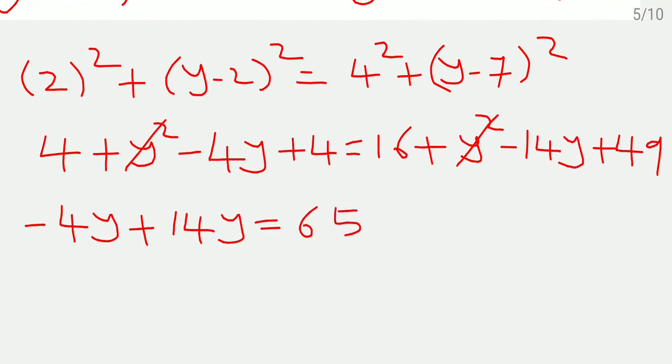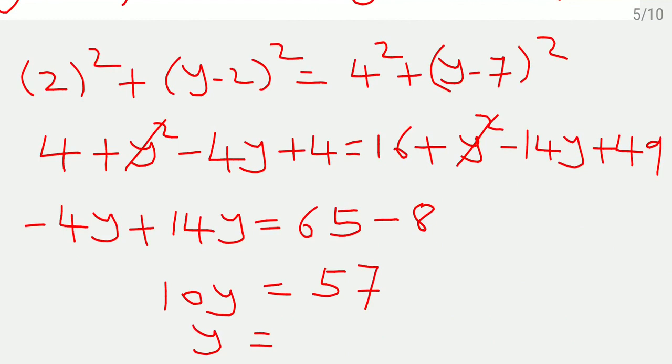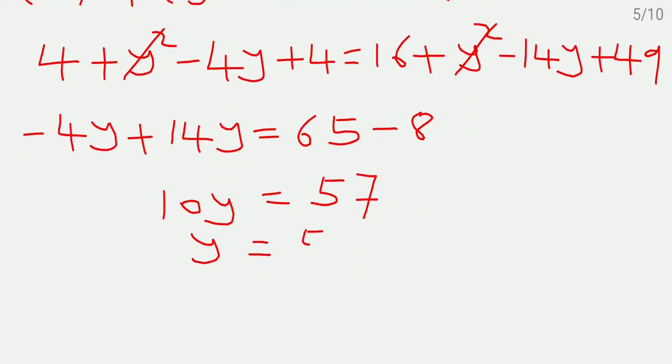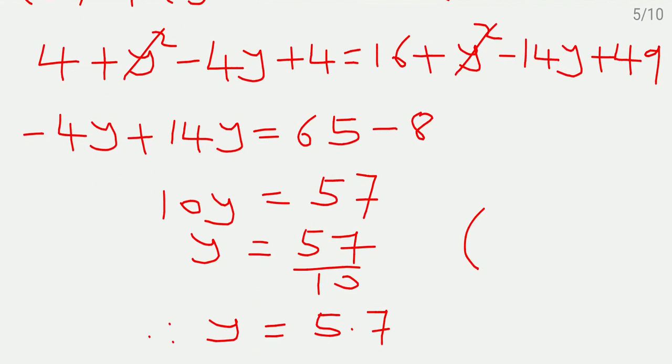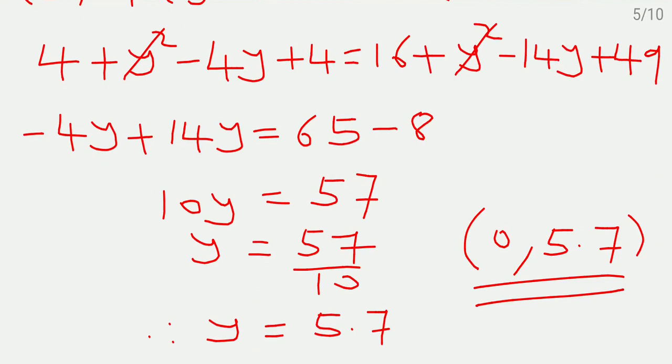It comes as 65 minus 8, which is equal to 57, and this becomes 10y. So y is equal to 57 by 10, which is nothing but 5.7. So that point on the y-axis has coordinates (0, 5.7).